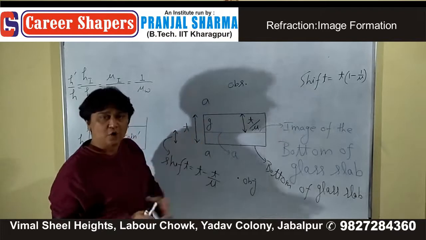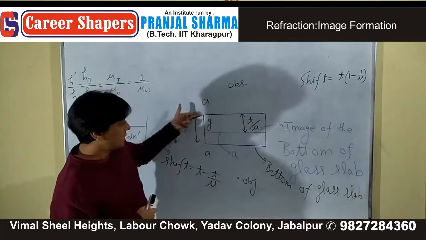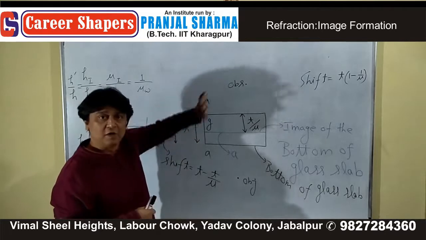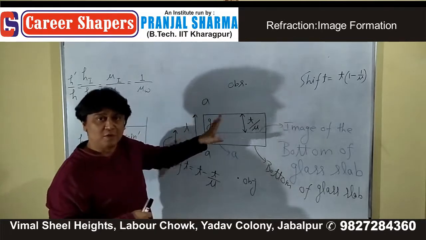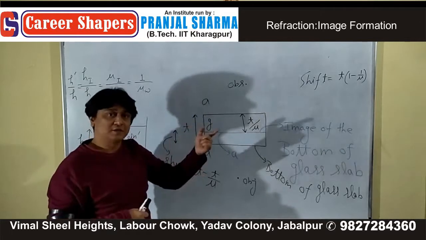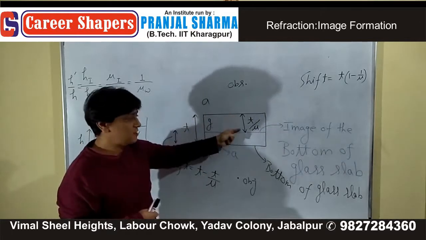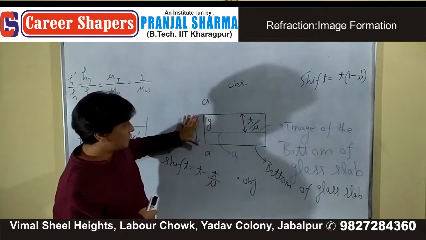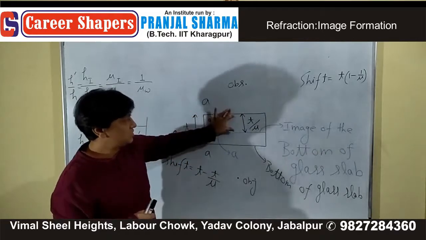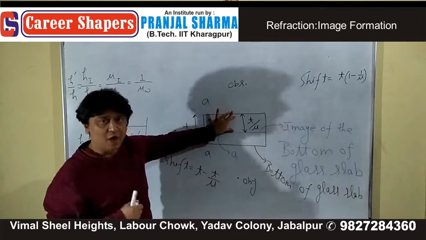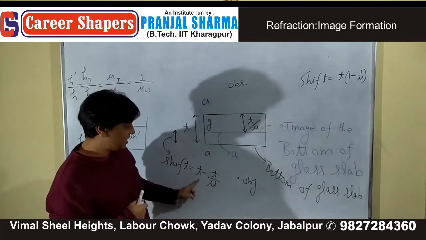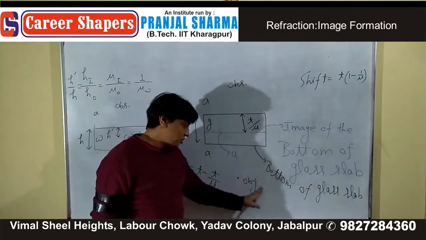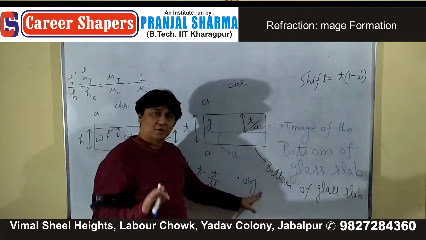And therefore, once you place a glass slab of thickness T, he replaces this glass slab with an air slab of thickness T by mu. So what you are basically doing is replacing T with T by mu, thereby producing a shift of T minus T by mu. Nothing special happens with this object.